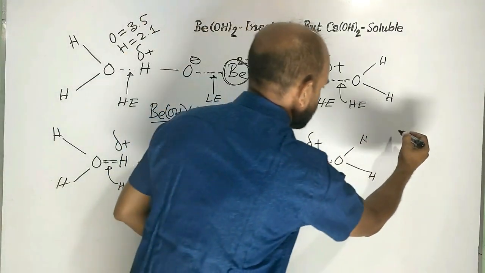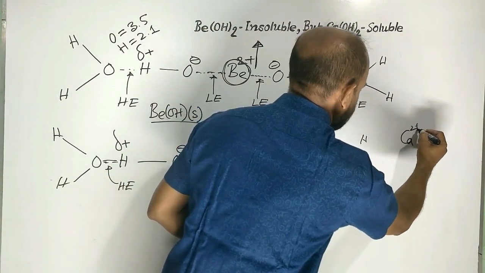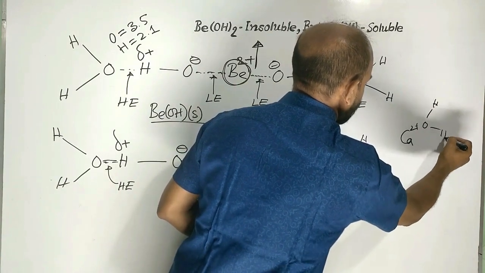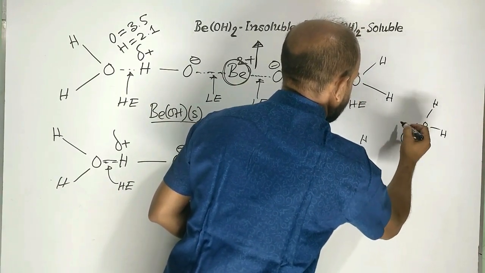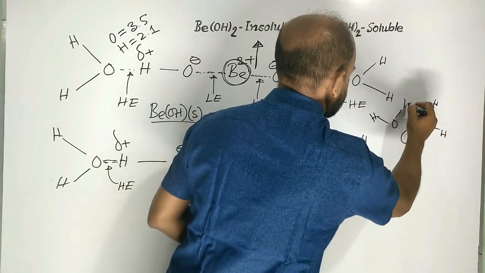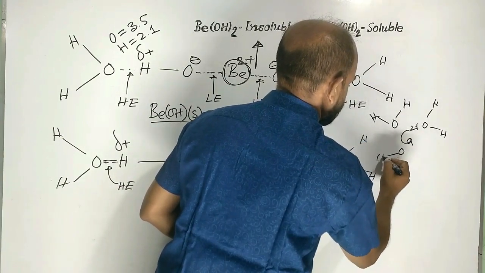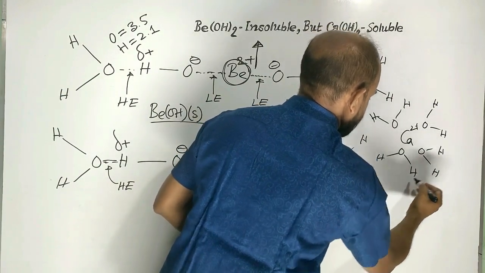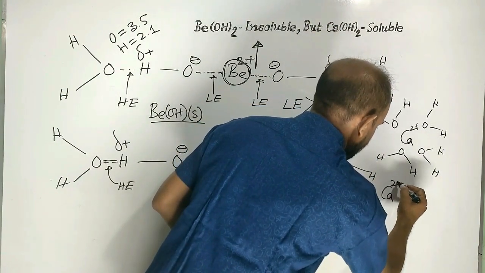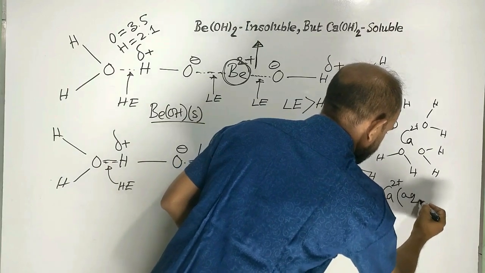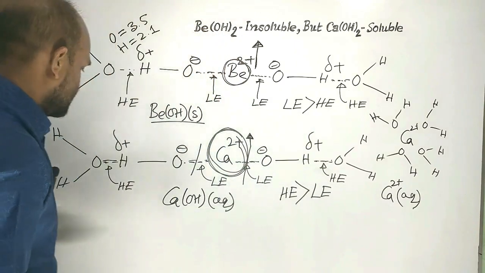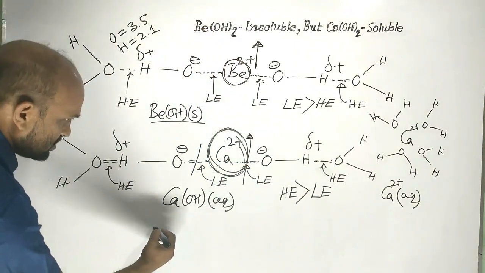In this case, calcium ion will be surrounded by the negative end of water. In this way, calcium 2 plus ion dissolves in water.